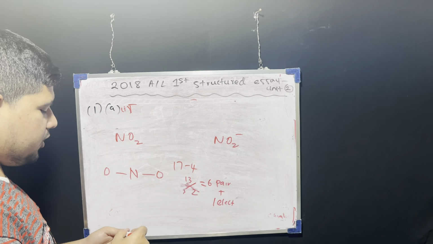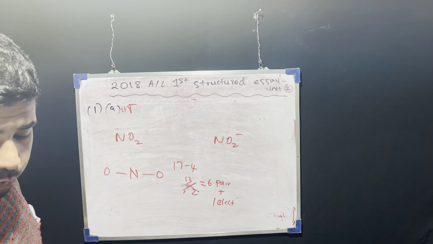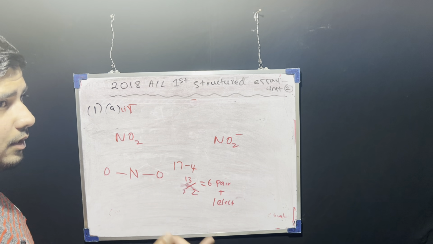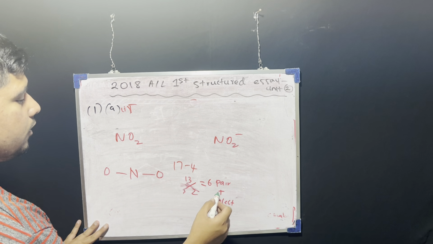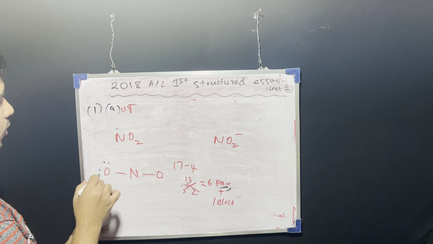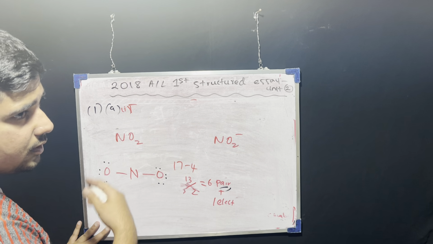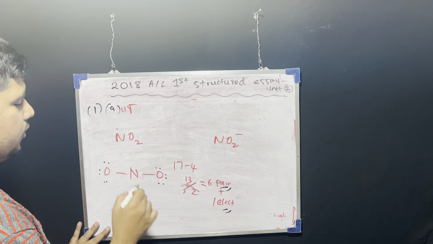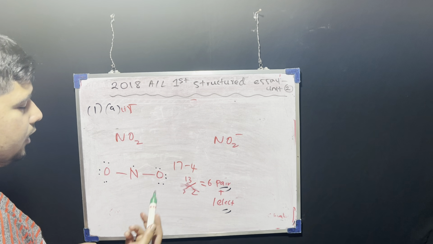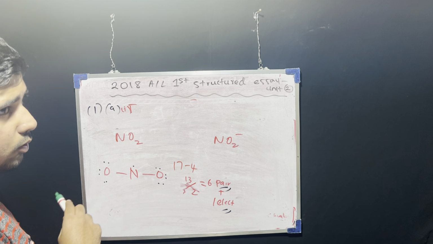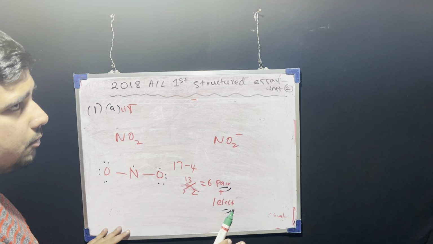Now let me distribute these valence electrons to the terminal atoms first, then to the central atom. 6 pairs: 1, 2, 3, 4, 5, 6. 6 pairs are distributed, and only 1 electron remains. Now see, in the central atom, is the octet completed? No, the octet is not completed.